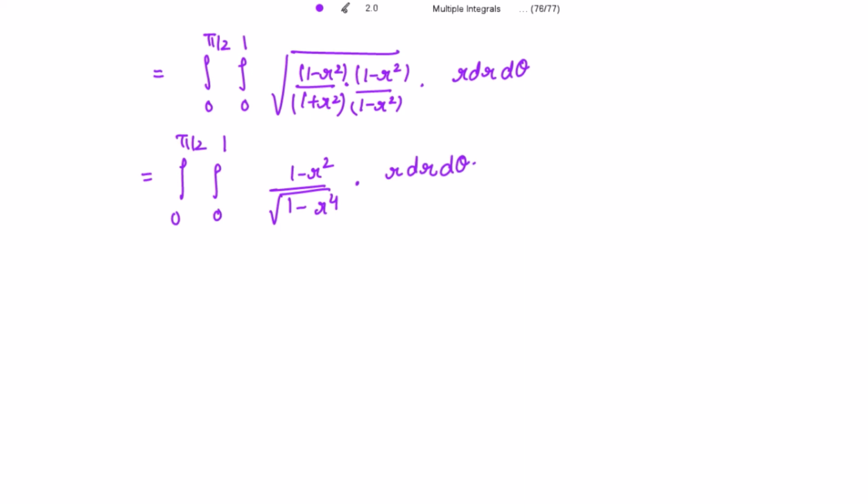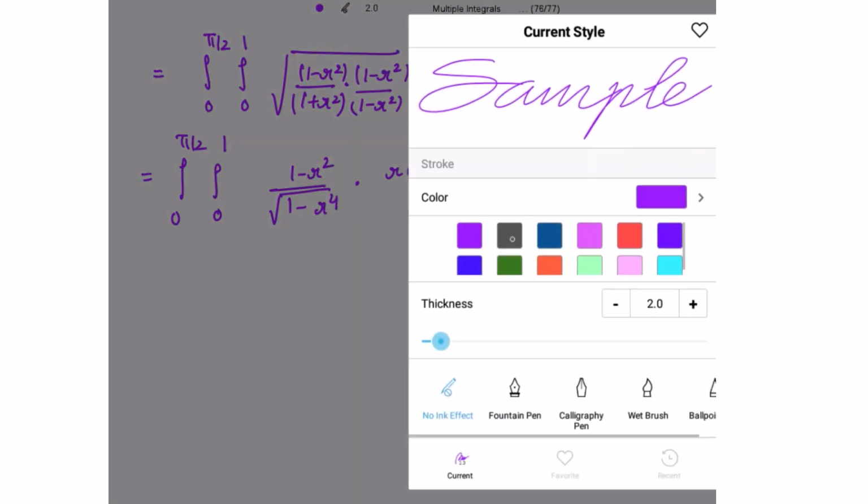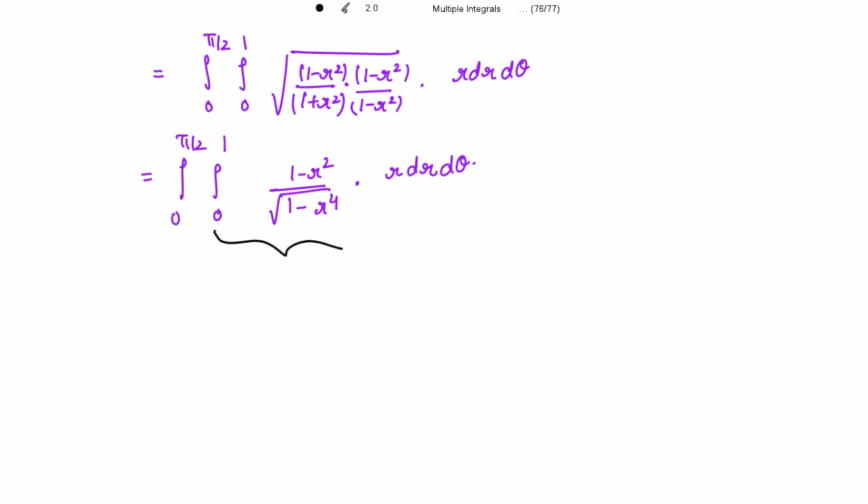Okay. So I need to solve this innermost integral first, and then put the value back. Let me mark this as equation 1. So from 0 to 1, 1 minus r square over square root of 1 minus r power 4, r dr. I'm solving this integral first.